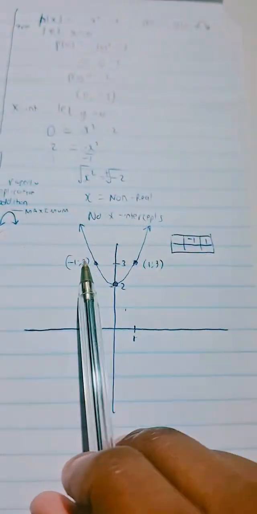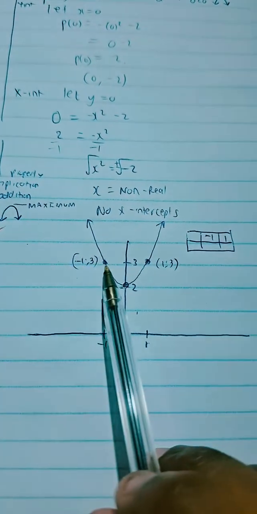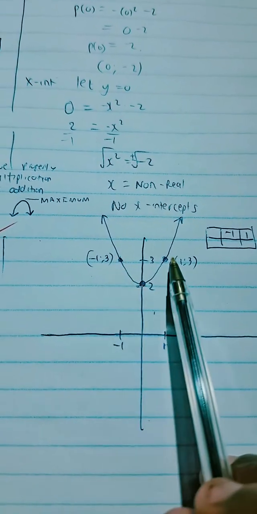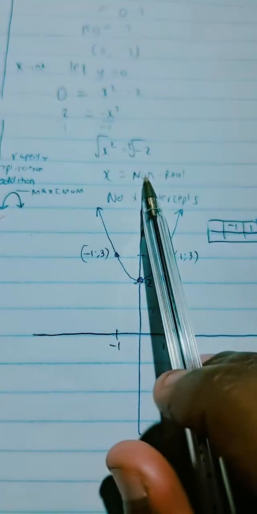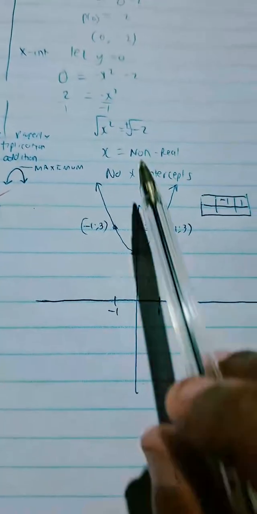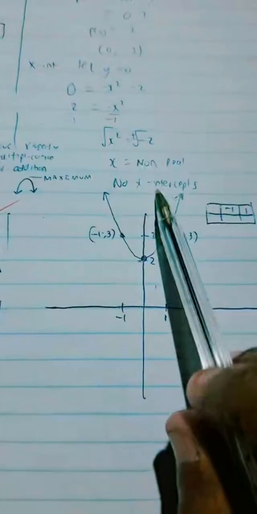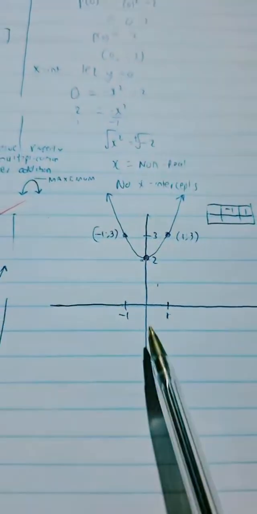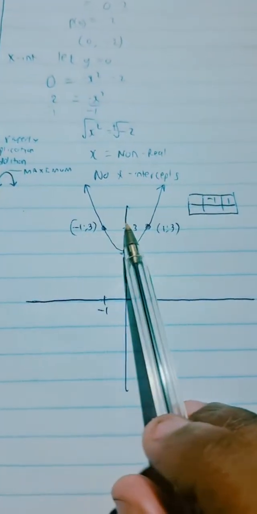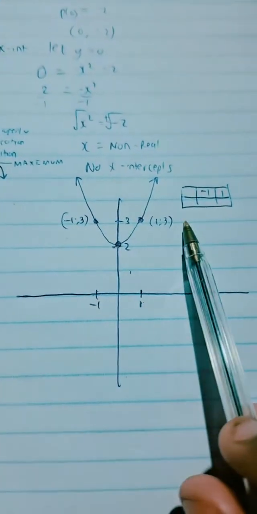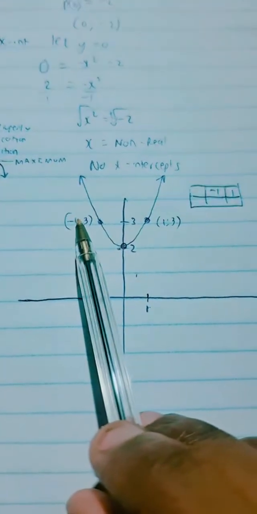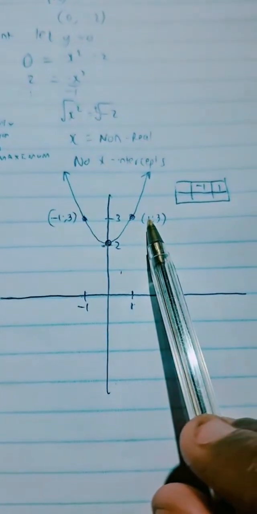Do you see that on the same horizontal line, that is y is equal to 3, these points are symmetrical along the y-axis? And the equation of the y-axis, the axis of symmetry, is x is equal to 0. Symmetrical along the same horizontal line. The equation of this horizontal line would be y is equal to 3. Look at the x value. This is -1, that is +1.